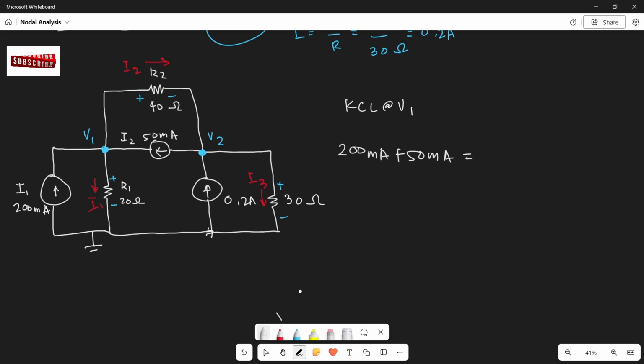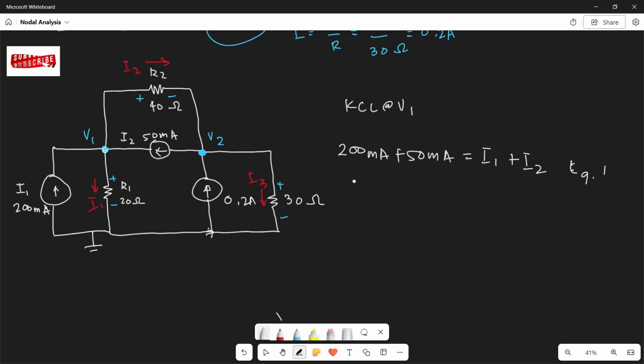So 200 milliamperes plus 50 milliamperes is equal to current I1, because I1 is going out of the node, plus I2, because the current I2 is also going out of the node. This will be our equation 1.